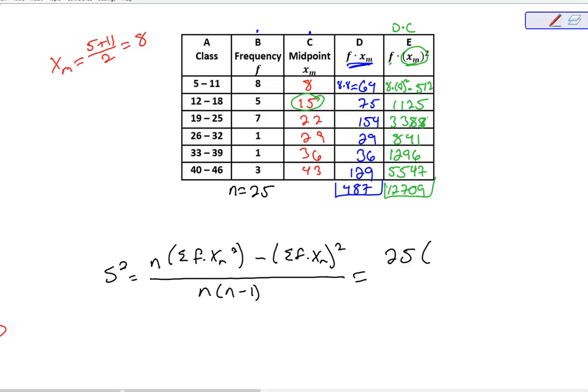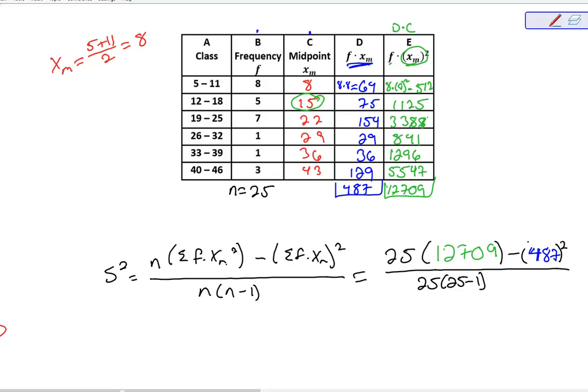This sum of f times xm squared is actually this last column, minus 487, that value squared, divided by 25 times 25 minus 1.